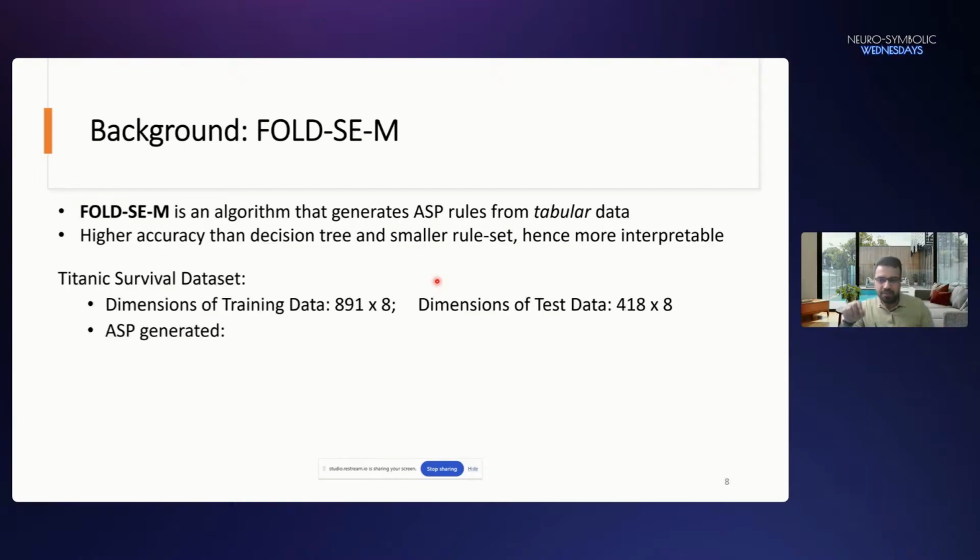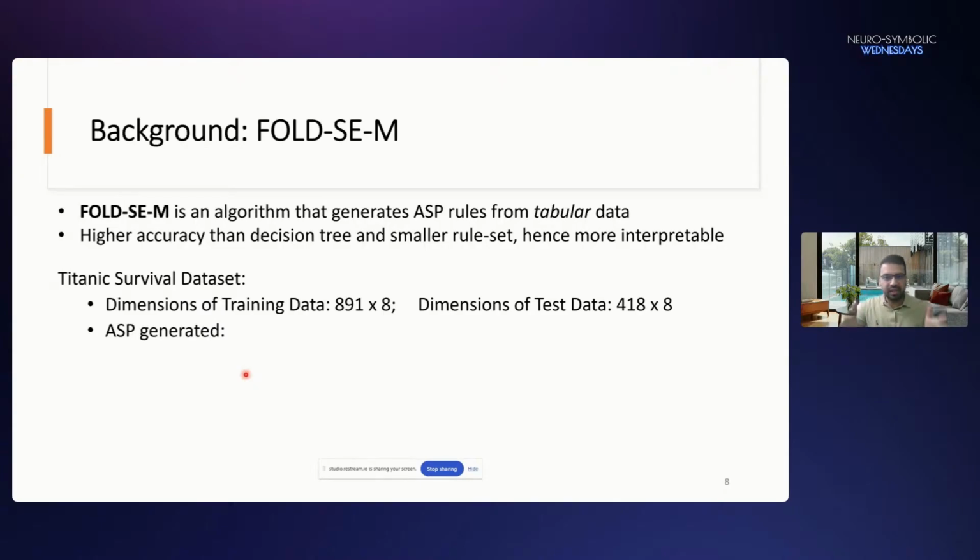Here's an example. There's this famous Titanic survivor dataset, where you have data on people who were on board the Titanic when it sank. There are various features for all the passengers, such as age, gender, boarding station, ticket price, etc. And the objective is to figure out who perished.